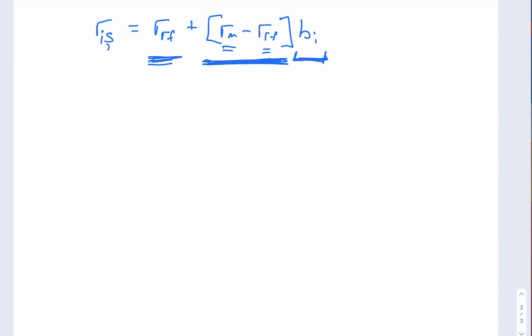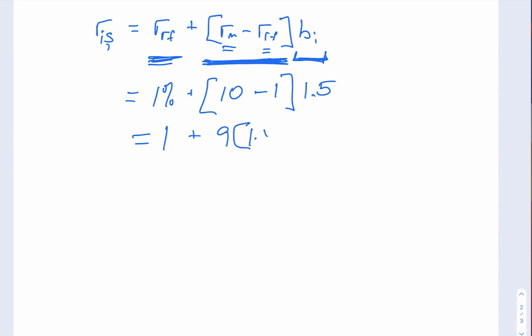And so in today's world, just to make up numbers, if the risk-free rate is 1%, and we know the market returns, let's just say today it's at 10%, and then we subtract the 1, and let's say the beta of your company is 1.5, then this is going to be 1 plus 9 times 1.5, and this will be 14.5%.